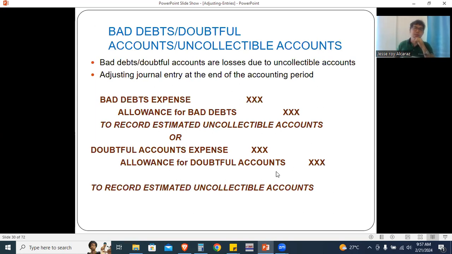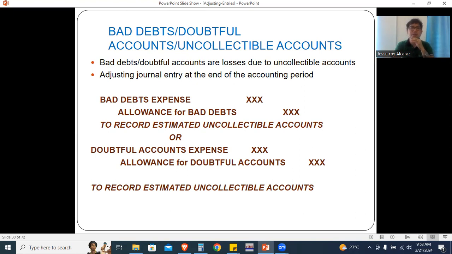Ayan. Now let's now go to bad debts or doubtful accounts or uncollectible accounts. So if namoy tindahan and then nagkapautang mo, you are already aware that a portion of your receivables, a portion sa imuhang kolektahonon is dili na makolekta. Tungod kay wala na nagpakita ang nangutang or nihangyo ang nangutang nga di na siya kabayad or something like that.